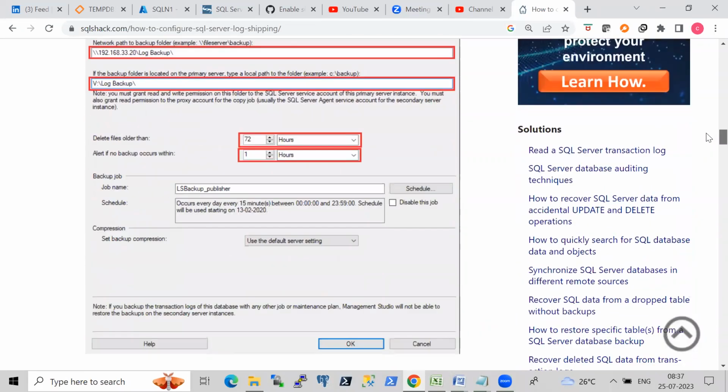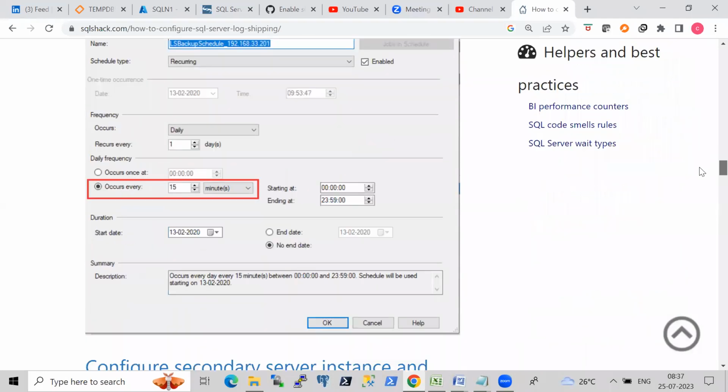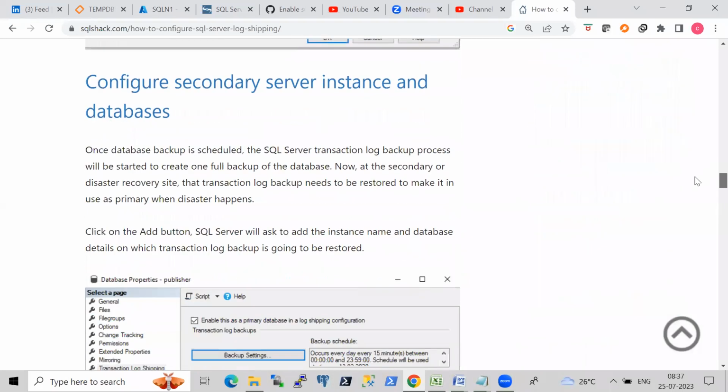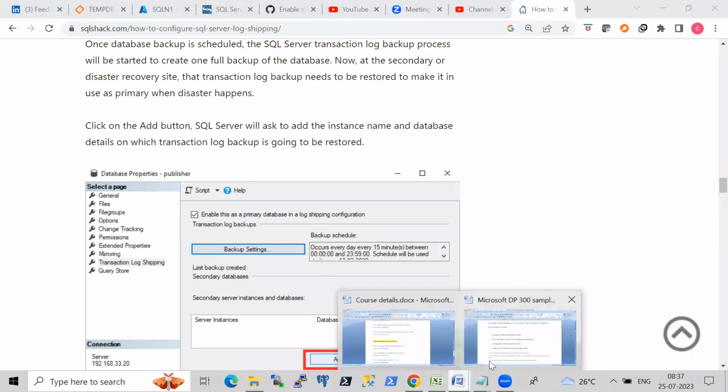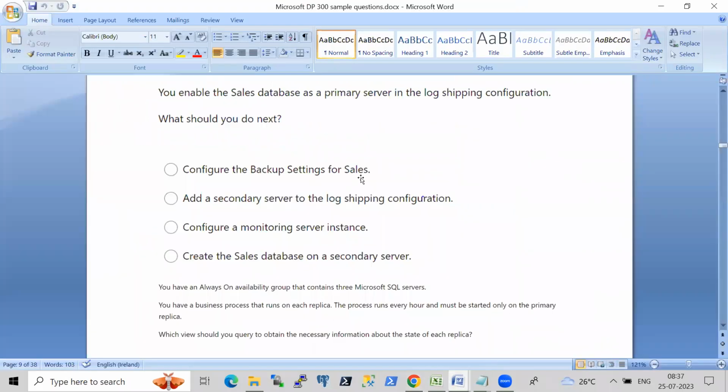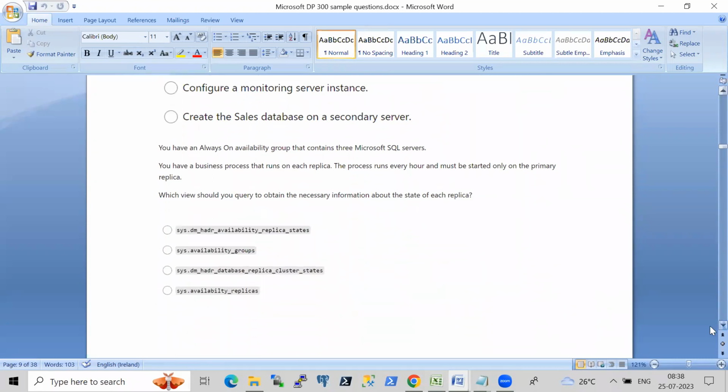Once you have configured the backup settings, the next step is adding your secondary instance. So the answer is configure the backup setting for the sales database. Any confusions with this question? I don't think so. Yeah, let's move on.